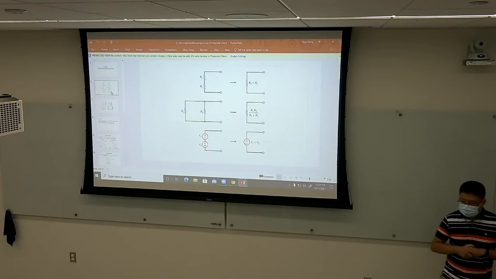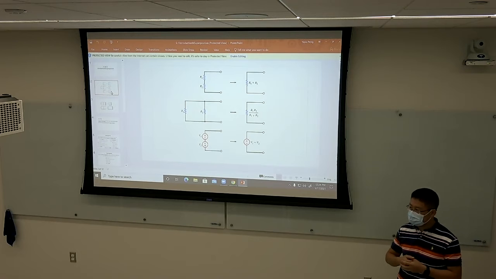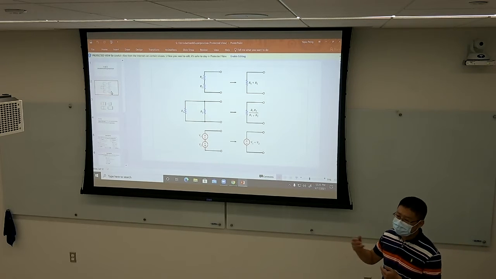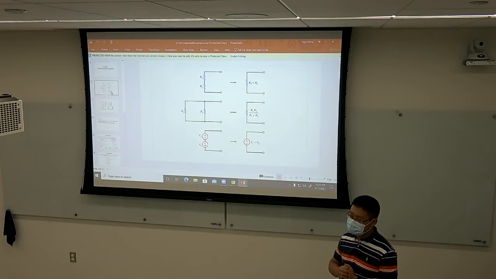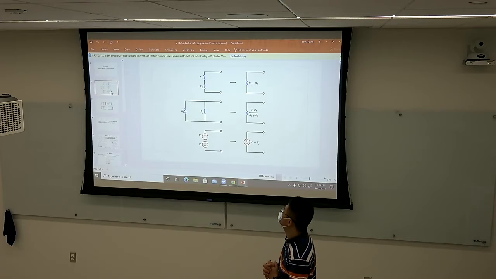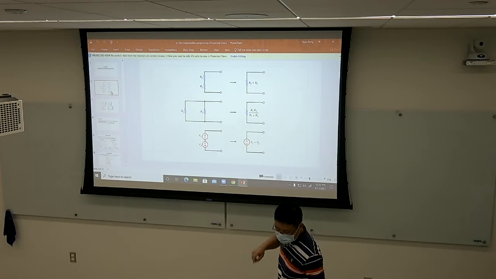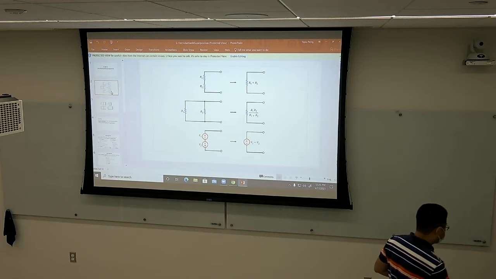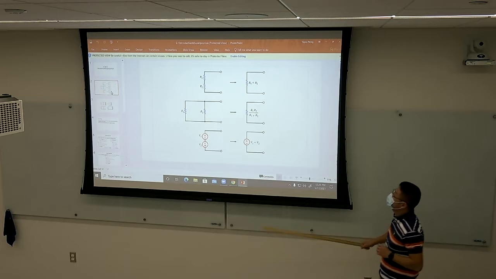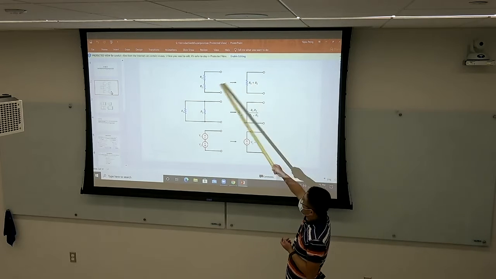Our goal is to take a complicated circuit, simplify it, and obtain the equivalent circuit, so we can carry out the analysis. This is a review of what we learned in previous chapters. For example, for two resistors in series, R1 and R2, the equivalent resistance equals R1 plus R2.